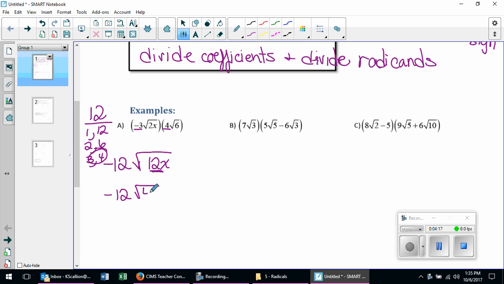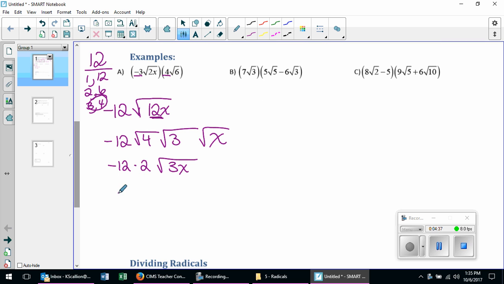I'm going to do the root of 4 times the root of 3 times the root of x. Now x, there are no factors that are going to give me a perfect square. It's just going to be x. So I'm going to have 12 times 2 times the root of 3x.